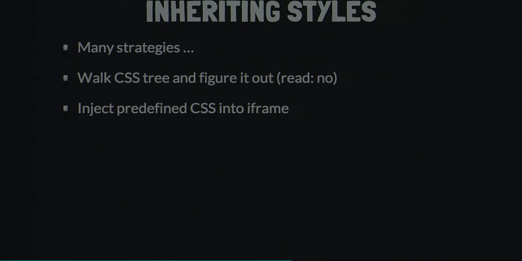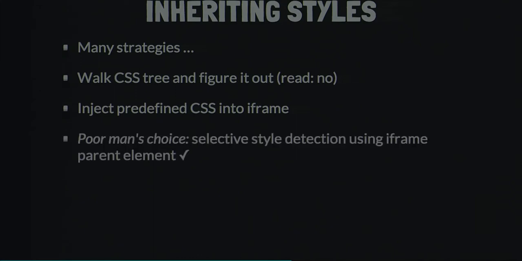Another thing you could do is have the parent document specify some CSS, grab that, and use postMessage to send the CSS into the iframe. It would all be predefined. That would work, but it's not really seamless, because it depends on somebody to manually style it for you. So something that we do at Discuss is we take a couple of styles that we think are really important.